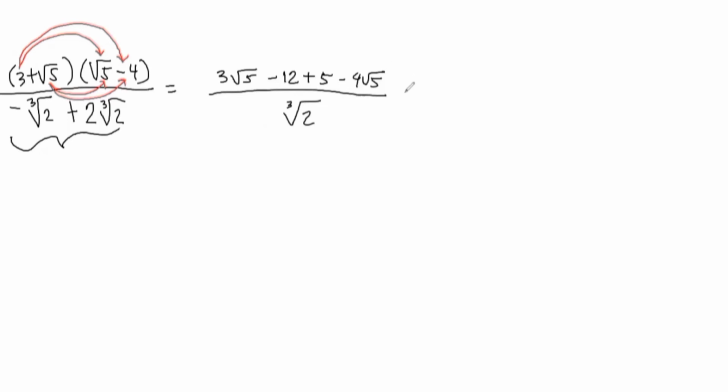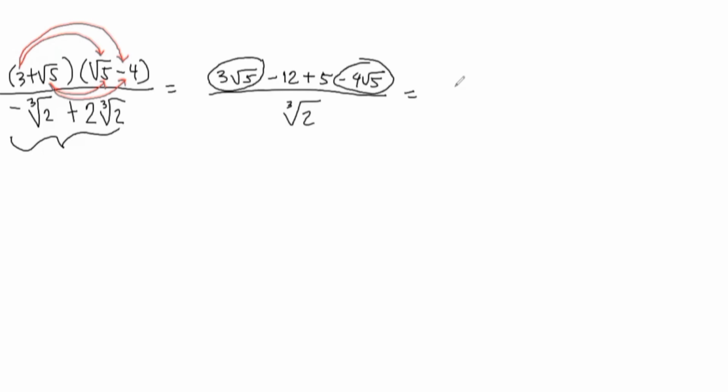Next is we combine like terms, like radicals. So for the numerator, the like radicals are 3 root of 5, and then negative 4 root of 5. So 3 minus 4 is negative 1 or negative root of 5.